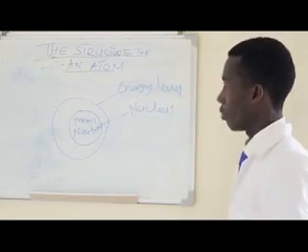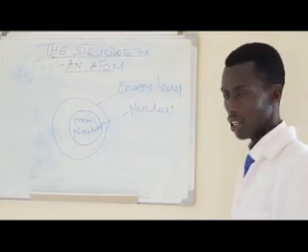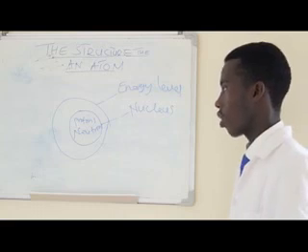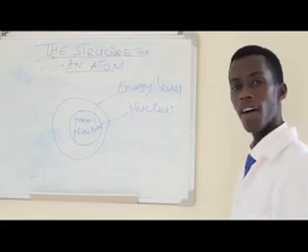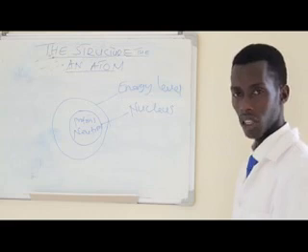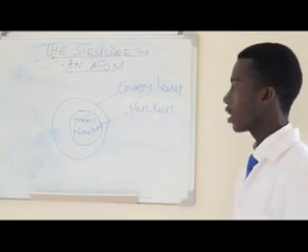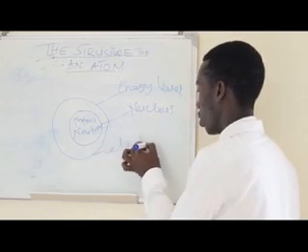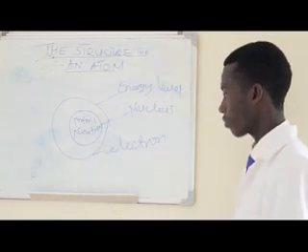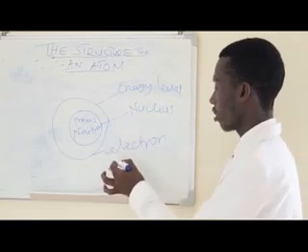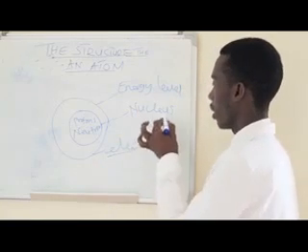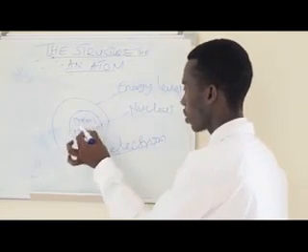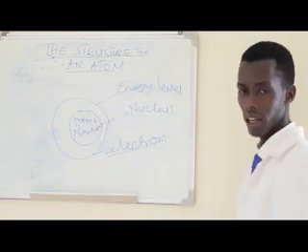On the energy level, we have another subatomic particle, known as an electron. So electrons are located on the energy level. The protons and the neutrons are located in the nucleus.